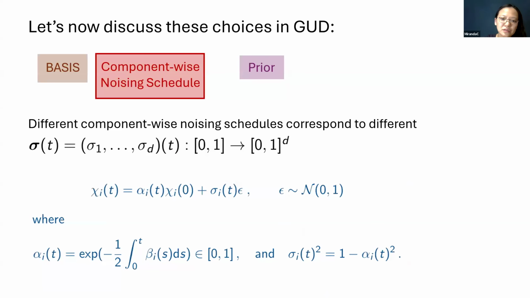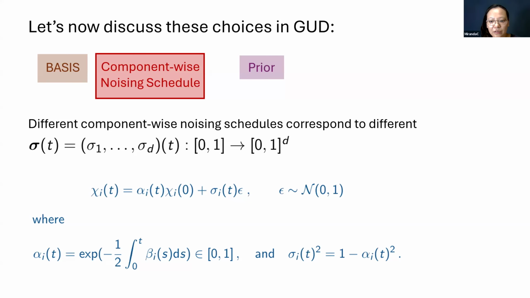So that's the picture. And then we go to maybe the most interesting choice: how do we choose the component-wise noising schedule? As I mentioned, we can tune an individual path for each degree of freedom of sigma, what we call the noising state, which starts at 0 at the beginning of the noising process and ends at 1 at the end of it.